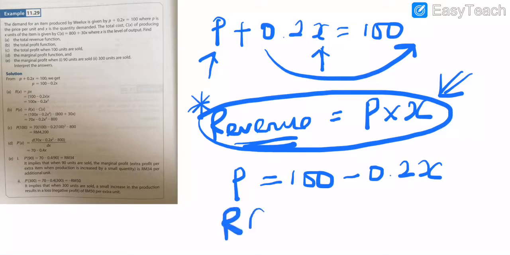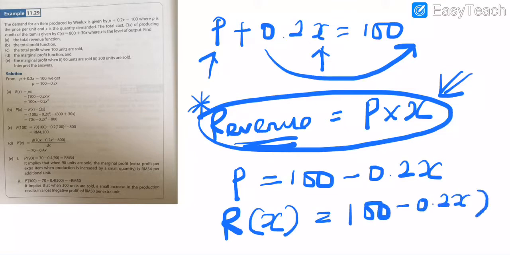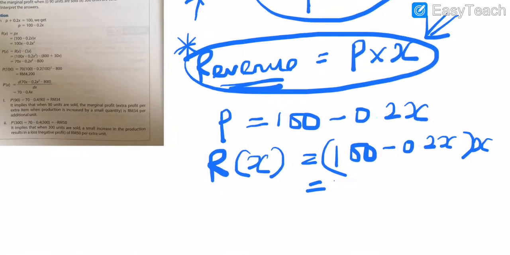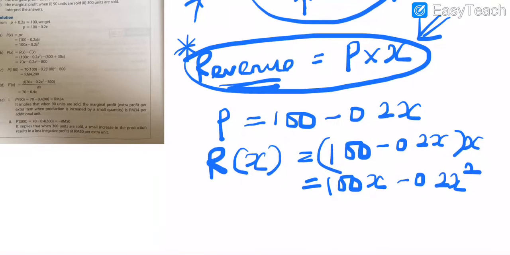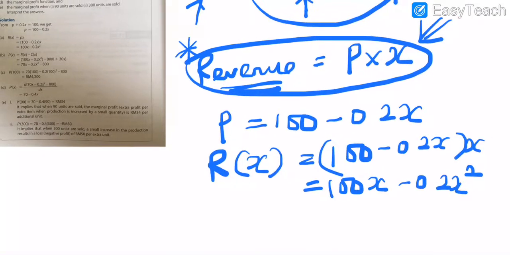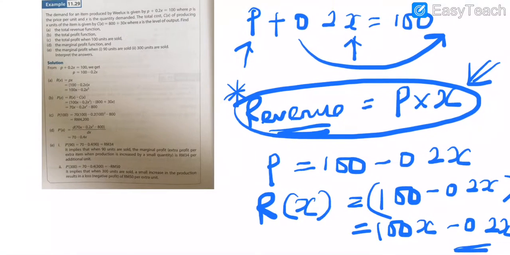The revenue function is (100 minus 0.2x) times x, because it's P times x. So it is equal to 100x minus 0.2x power of 2. So this is the revenue function.